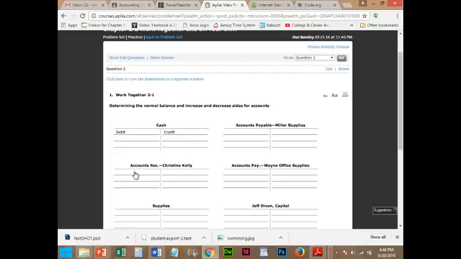It just seems kind of like busy work because you have to do the same thing over and over, but it's good for your brain. Debits on the left, credits on the right.